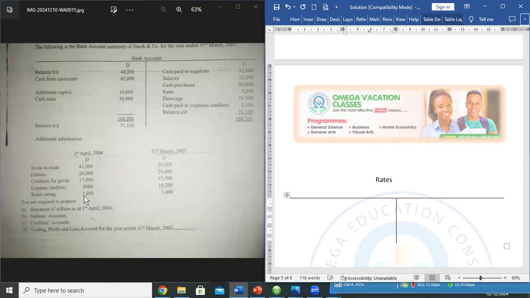So rates owing, that will be a liability. So that liability will be put at the credit side as balance brought down. So the figure is 1,200.